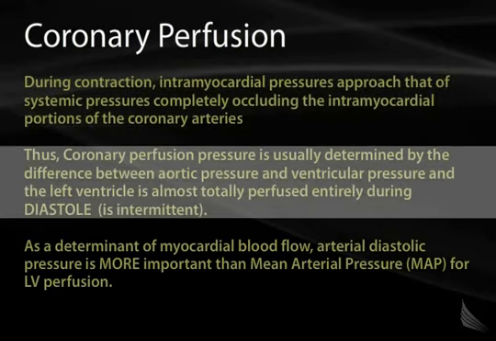Therefore, in the left ventricle, coronary perfusion pressure is usually determined by the difference between the aortic pressure and the left ventricle muscle pressure. This is why in the left ventricle, diastole is the most important period of time for perfusion of the muscle. During systole, the pressure is simply too high in the muscle for the blood to enter.